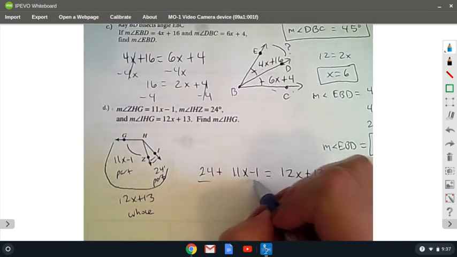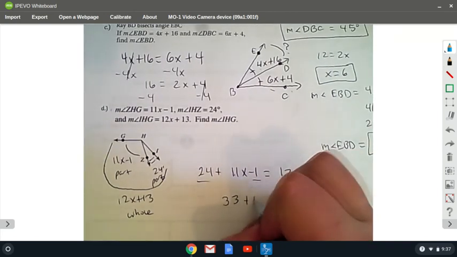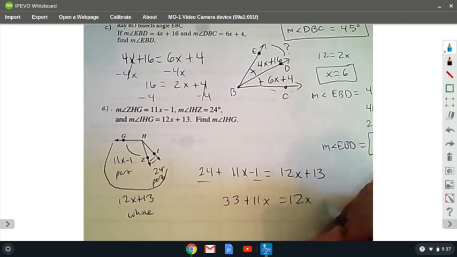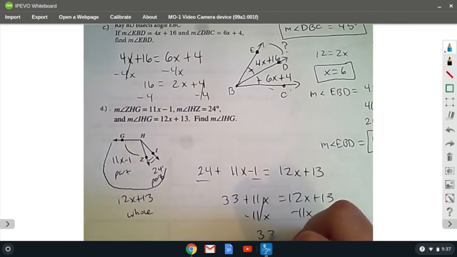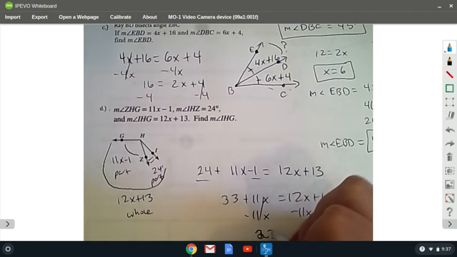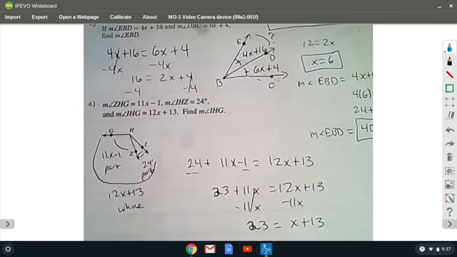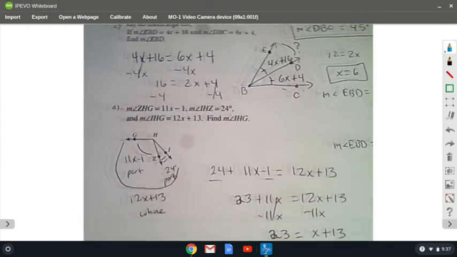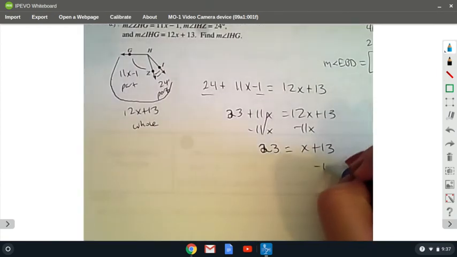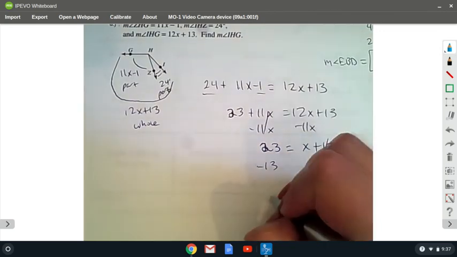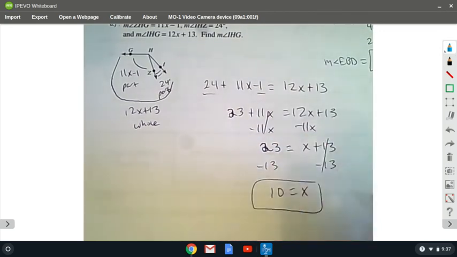So now I'm going to combine like terms. 24 minus 1 is 23. And then I'm going to subtract 11x from both sides. Oop, it's 23, not 33. I get this. And then I'm going to subtract 13 to get my final answer. And I get that 10 equals x.